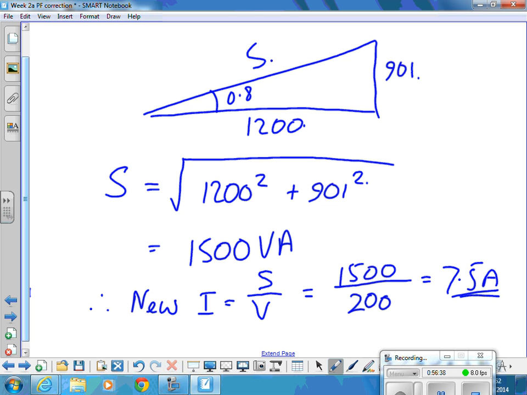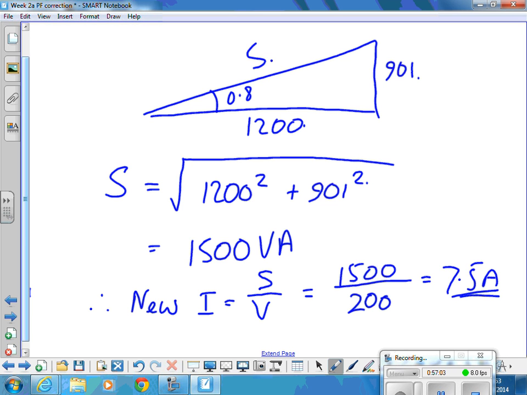Okay. So, by putting in this power factor correction, what was the original current? Just remind me of that. 10 amps.